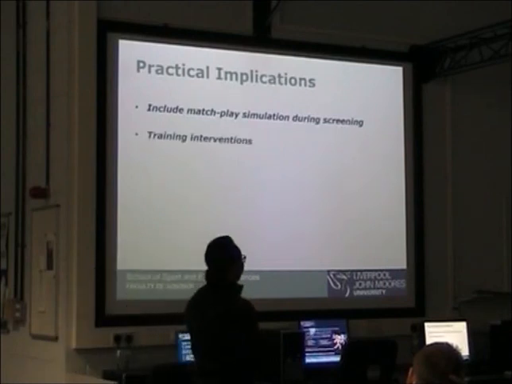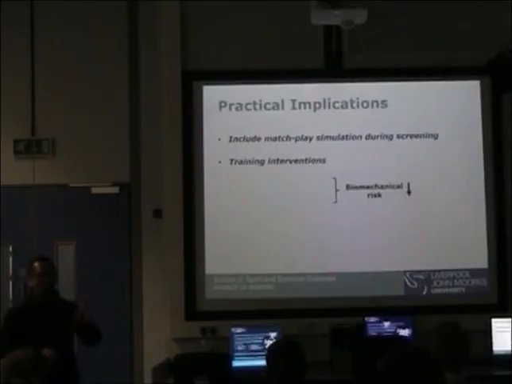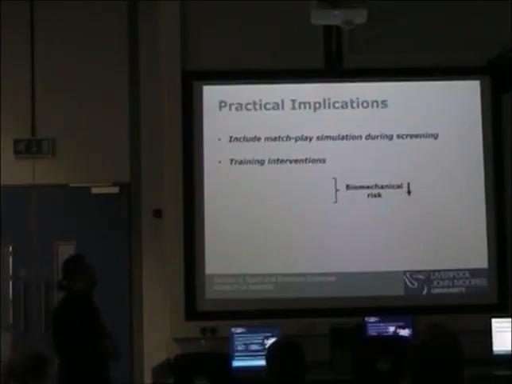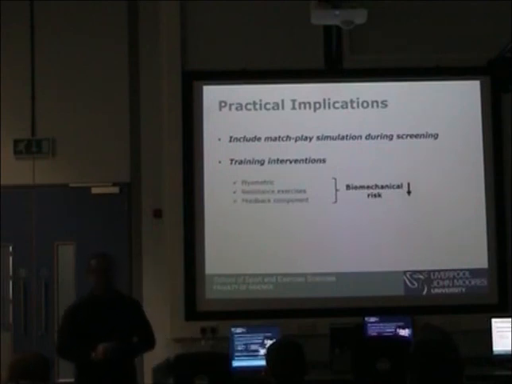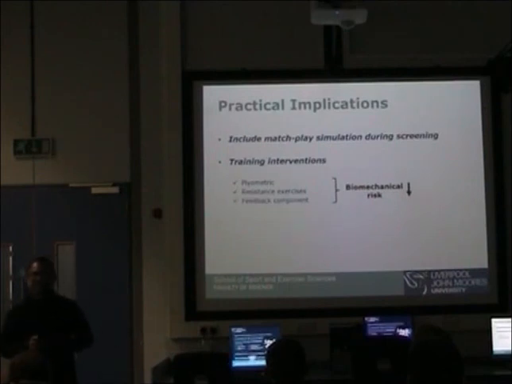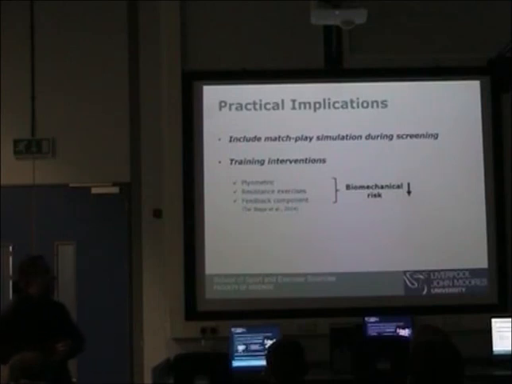In addition, training interventions specifically looking at reducing the biomechanical risk factors suggest that plyometric training with resistance exercise and a feedback component is likely to reduce the risk of knee extension during landing.